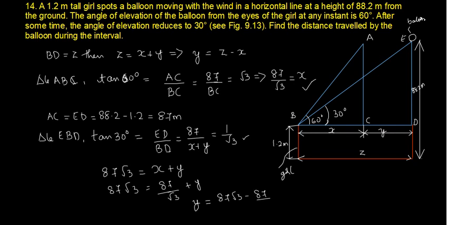Taking LCM, we will get 87 into root 3 into root 3, which is 3, minus 87, divided by root 3.